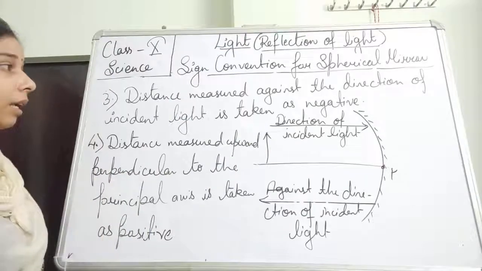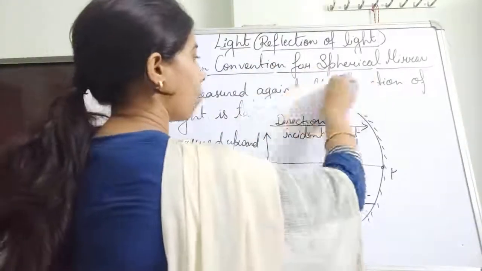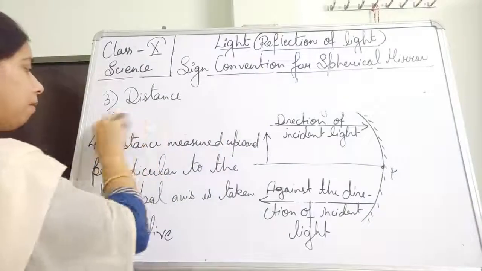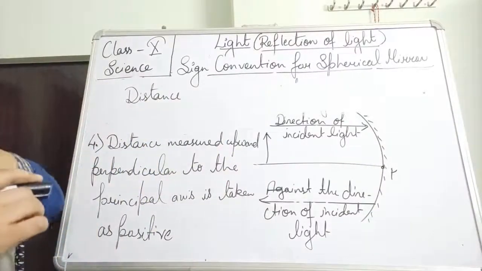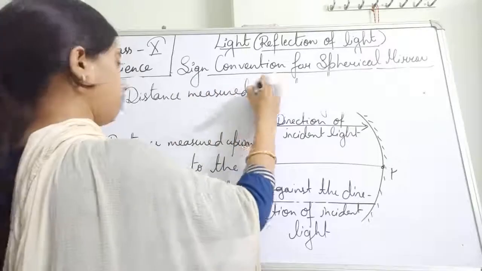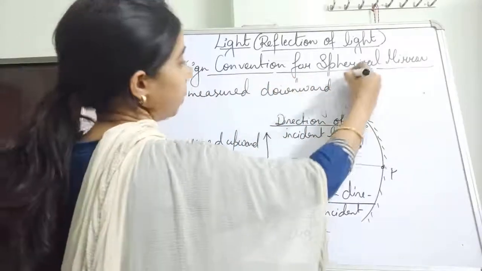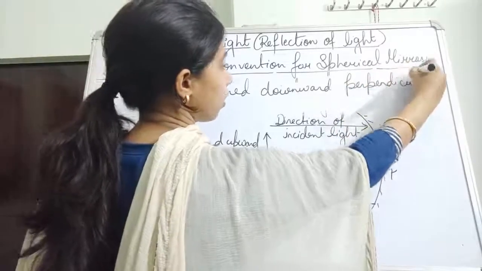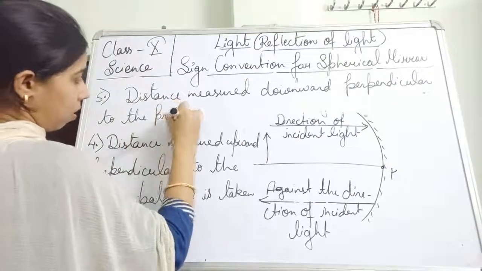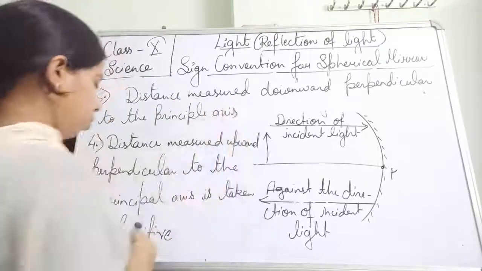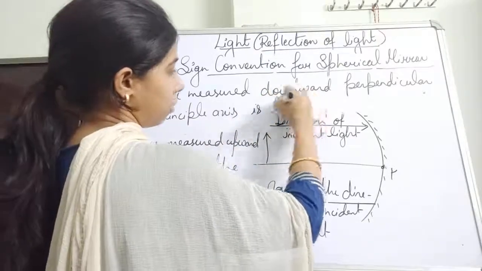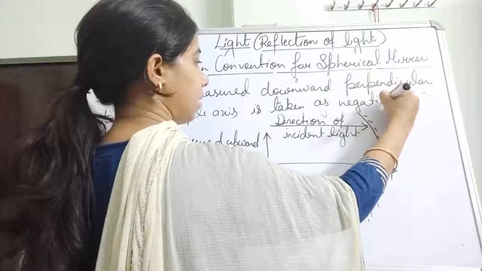So we can write it here: distance measured downward perpendicular to the principal axis is taken as negative.